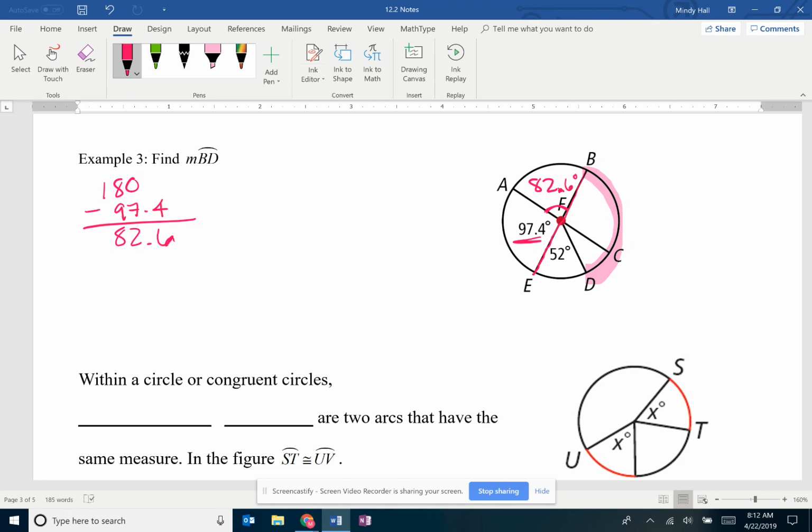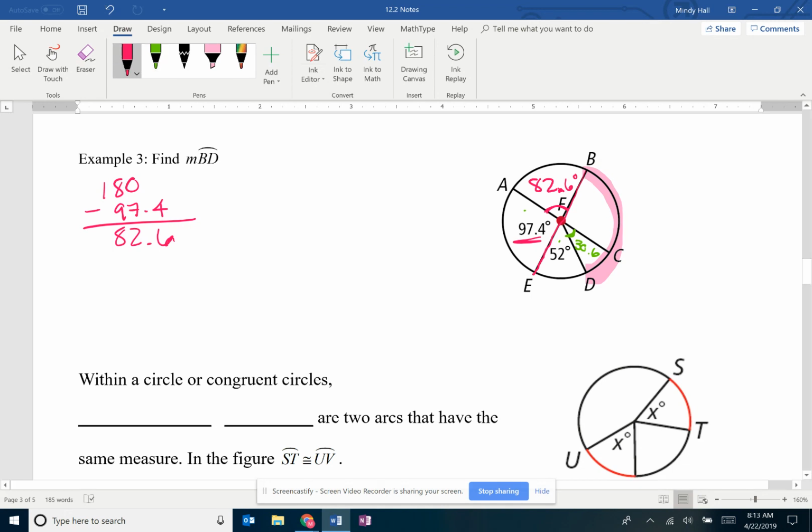Then if I want to figure out what this angle is right here, because again, we're looking for that BC, but I can't really do much with it right now, you could also subtract from 82.6 to get that this is 30.6. Because again, these three angles would all be supplementary to each other.